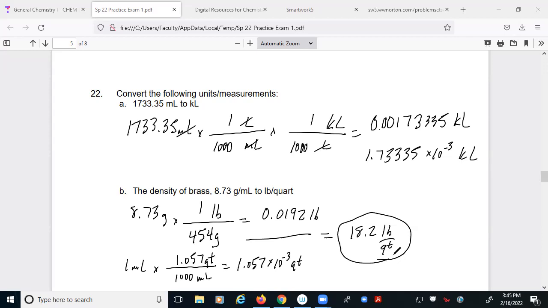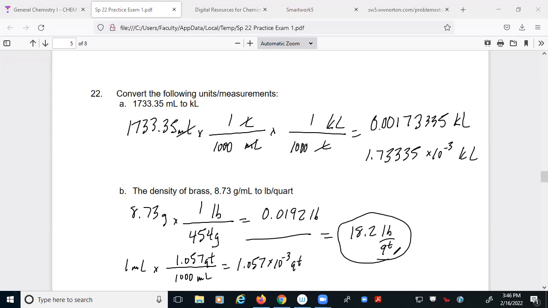Last question. Why did you put 1 instead of the 8.73 for the milliliter? Because the 8.73 describes the grams. It's 8.73 grams per milliliter, so there's only 1 milliliter.